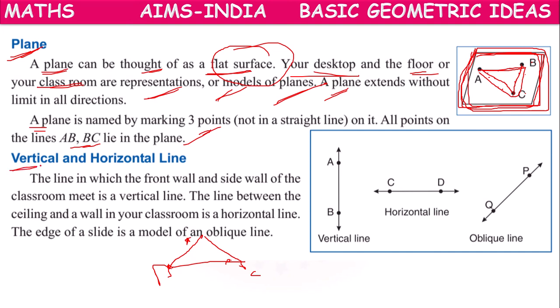Next, vertical or horizontal line. A vertical line is the line in which the front wall and the side wall of the classroom meet. If you take your classroom, if this is the front wall, this is the side wall.